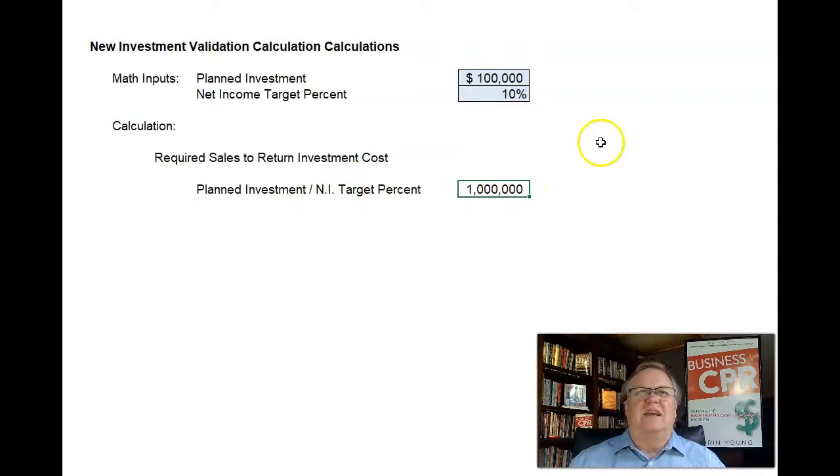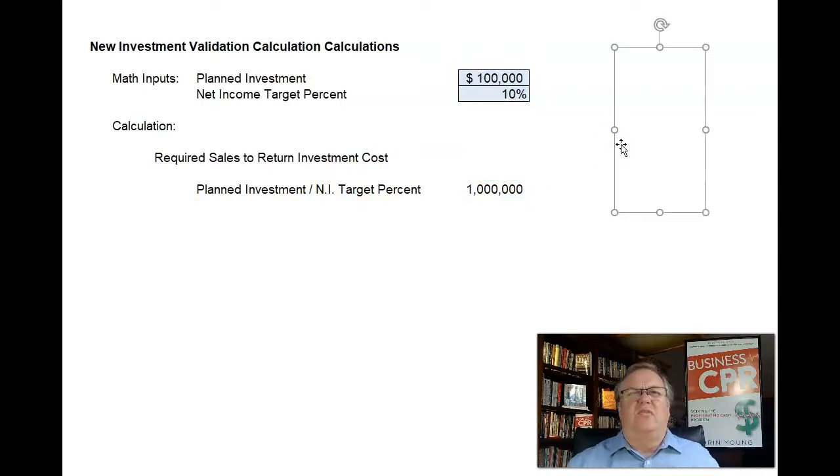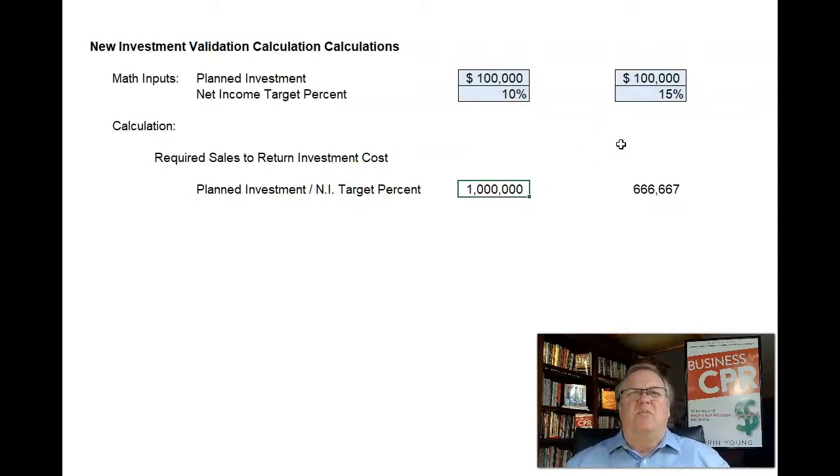Now let's look at another scenario. Same number inputs, but this time you're able to earn a higher profit because this piece of equipment allows you to be more efficient. So you have lower direct costs. And that's your sales scenario.